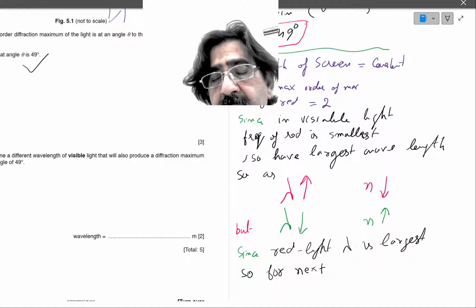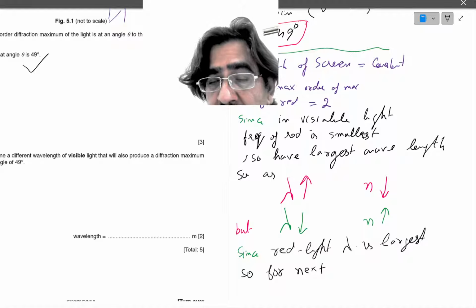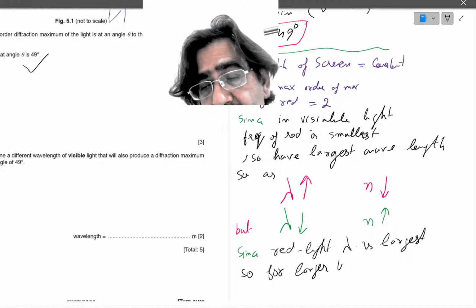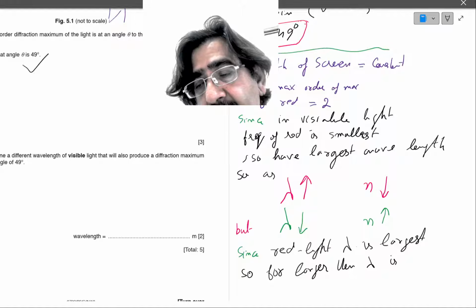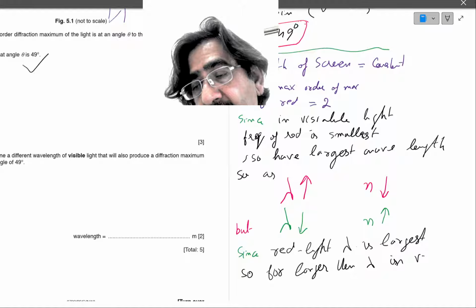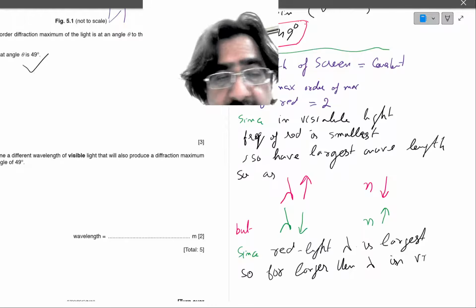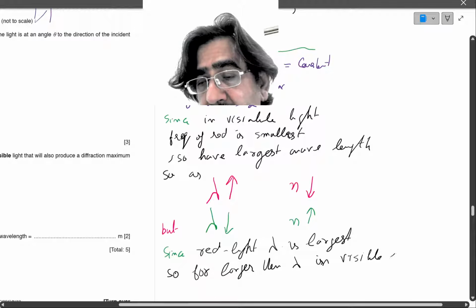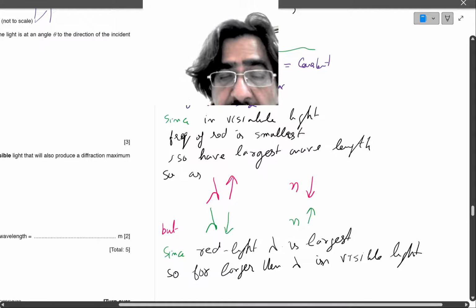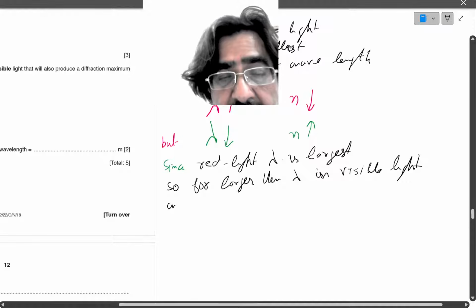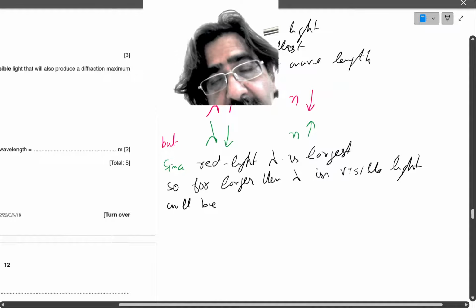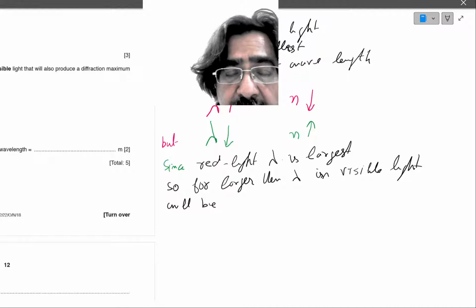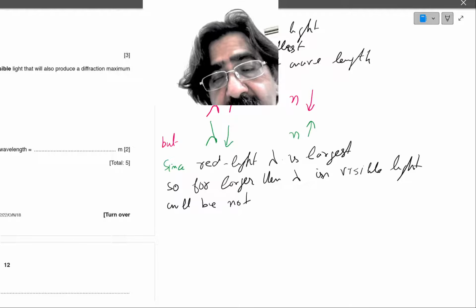A larger lambda than red in visible light will not be possible.